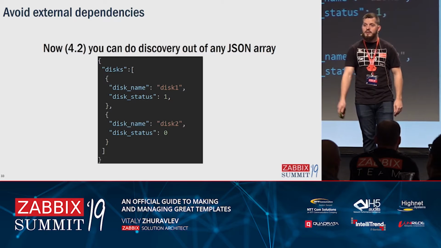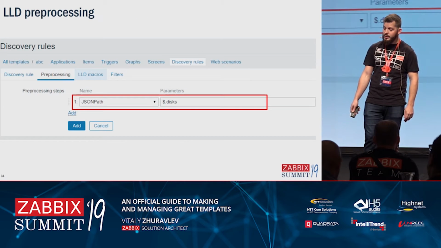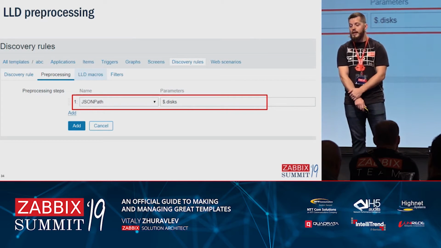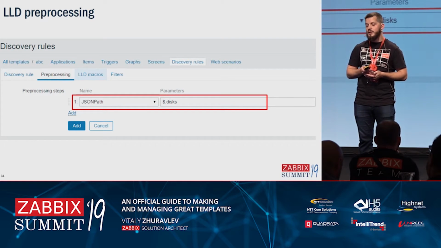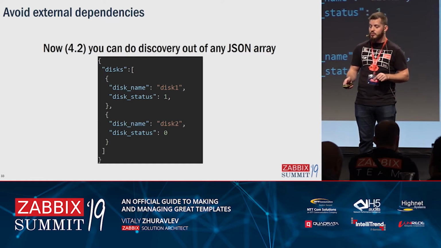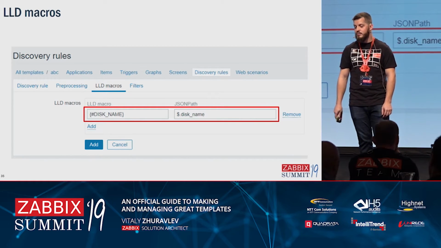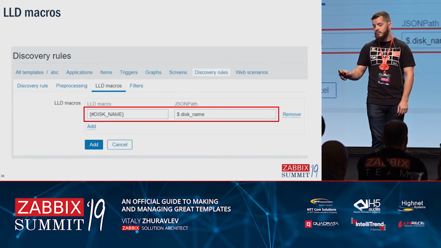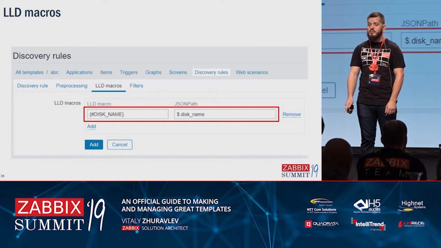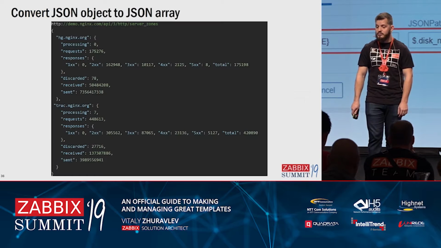So if you can get such an array directly, you can create a discovery rule, and thanks to the pre-processing available inside discovery rules, you can first use JSON path to get to the JSON array called disks here, and then moving on to the LLD macros tab, you can assign the values using JSON path again to the specific macros, and then you can use those macros in the discovery itself.